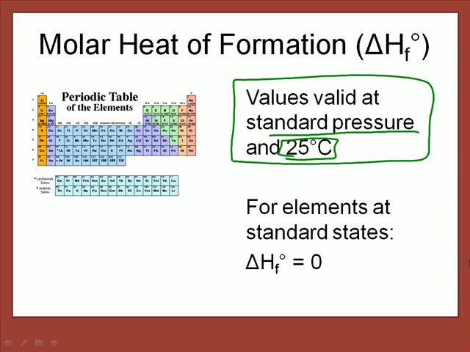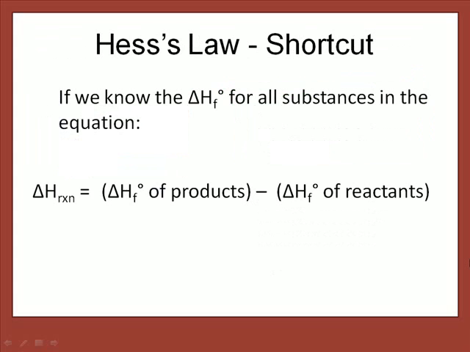And the other thing that we need to know is that if we just have elements in their standard states, so oxygen gas or sodium metal, their heat of formation is 0. Right? So that's our starting point for determining all of the other substances. Any element in its standard state, meaning the state it would be at standard pressure and at 25 degrees Celsius, has a delta H F naught of 0.